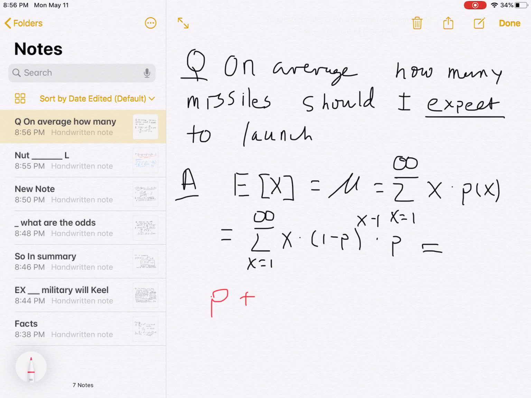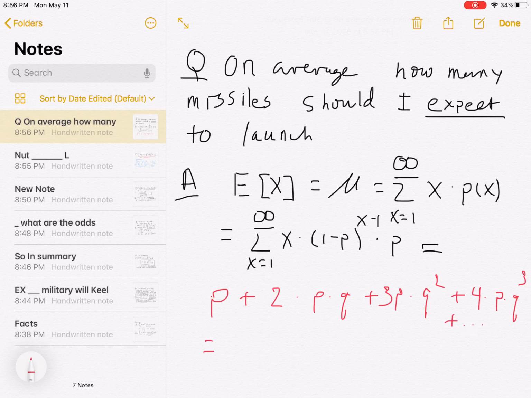When x is 2, I'm going to get 2 times p times q. When x is 3, I'm going to get 3 times p times q squared, plus when x is 4, this will be 4 times p times q cubed, and so on.